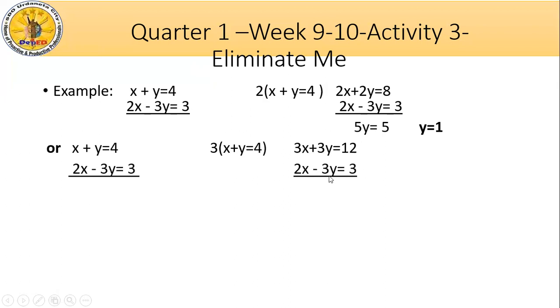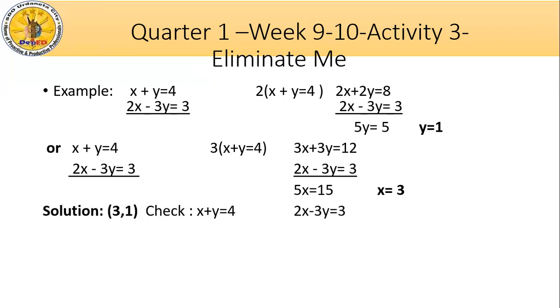Then you will just copy the second equation. So to eliminate y, we use addition. 3x plus 2x is 5x. 12 plus 3 is 15. Divide both sides by 5, so we have 3. Therefore, our solution is (3, 1).